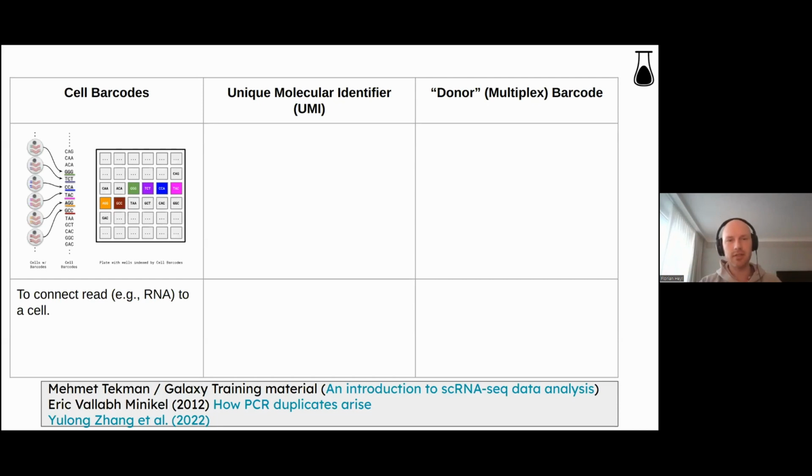One is cell barcodes. Obviously, if you now have your RNAs and you sequence your RNAs from your different cells, at some point you need to figure out, if I want to identify different cell types and later investigate cell clusters, I have to know which cell this RNA comes from, and therefore you have your cell barcodes.